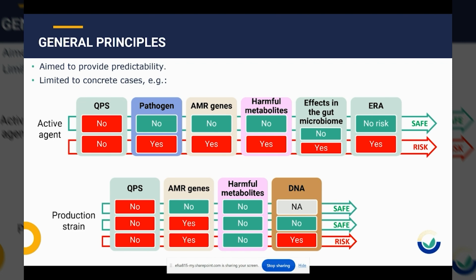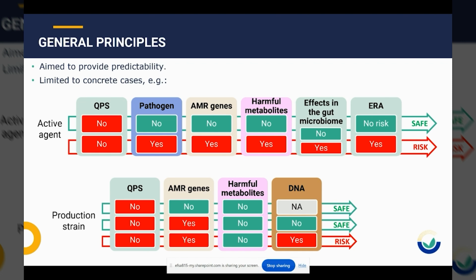However, if any of those conditions is not met, for example, it is a pathogen or has antimicrobial resistance genes or produces any harmful metabolite or has negative effects in the gut microbiome or in the environment, the active agent will be considered to pose a risk.